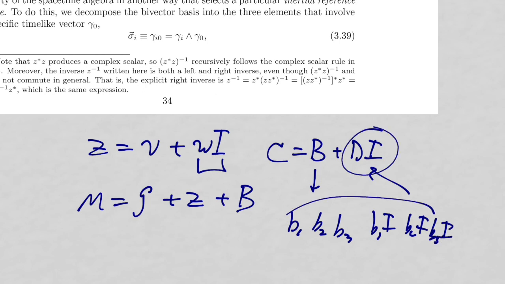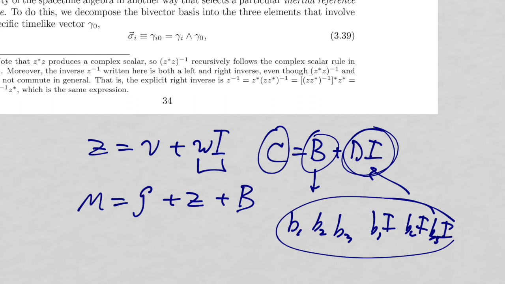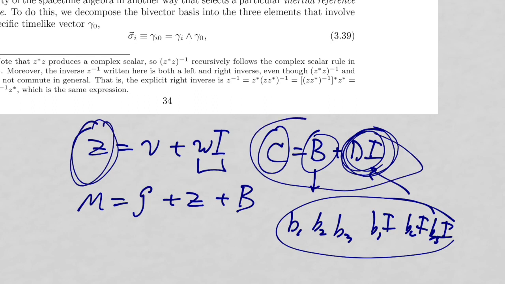And we end up with all of the six basis bivectors, but we've broken it up into a vector and a bivector and a complex bivector, utilizing the fact that if C is some sort of grade 2 object, it's going to be the sum of bivectors, and bivectors are dual to themselves. So we didn't actually do that. We only talked about complex vectors and complex scalars. We didn't really talk about complex bivectors.